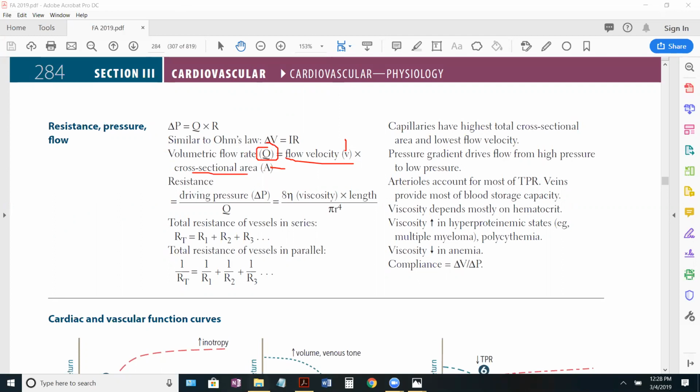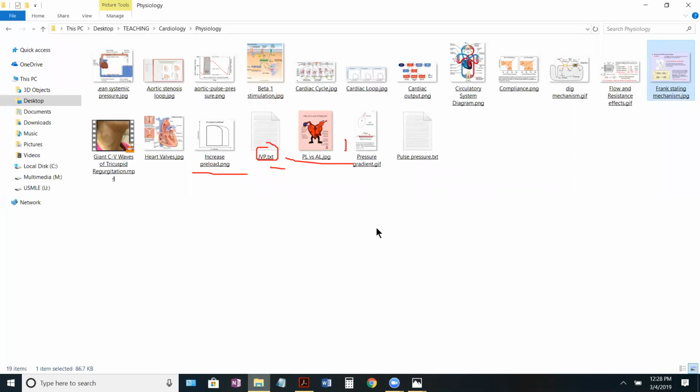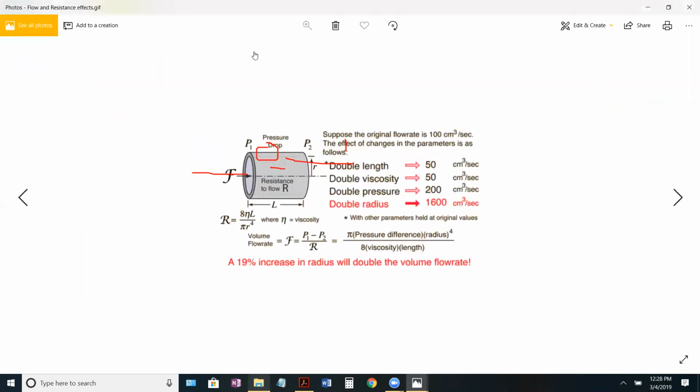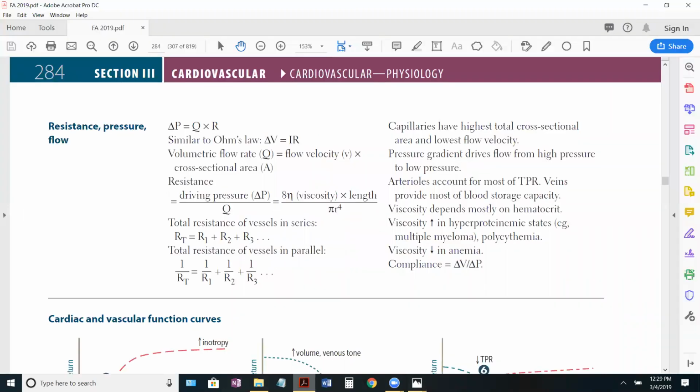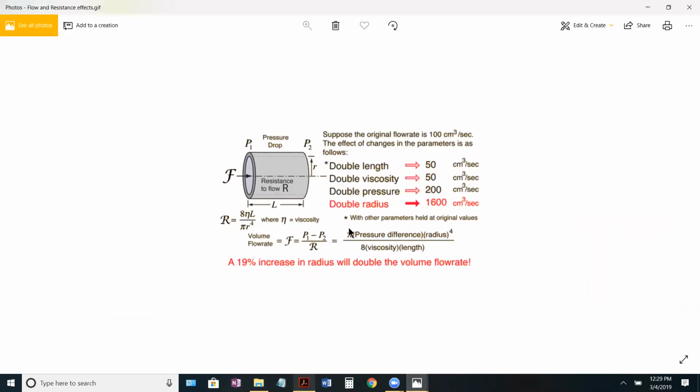Okay, now one more thing I want to show you is the effects of the resistance. So this is a blood vessel, and the resistance we have calculated. How do we calculate the resistance of the fluid when the fluid is passing through the blood vessel? So this is the equation.